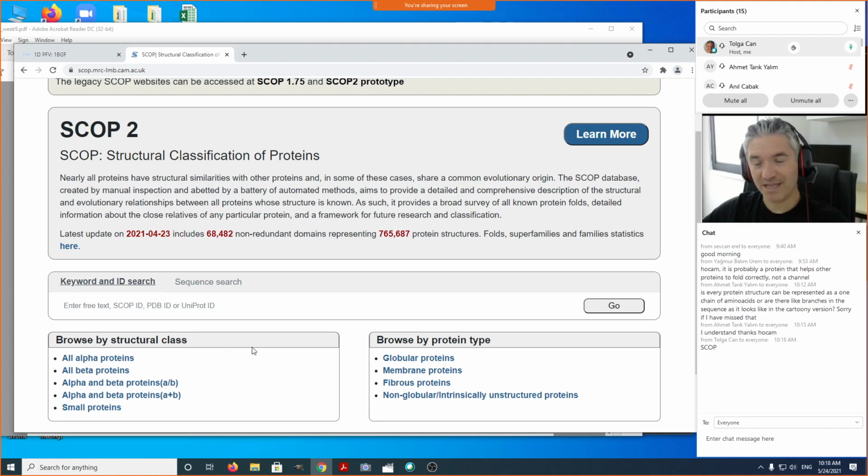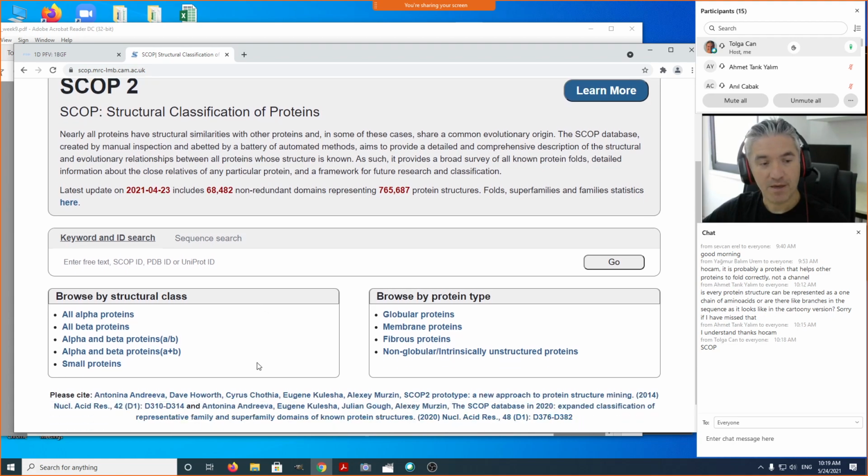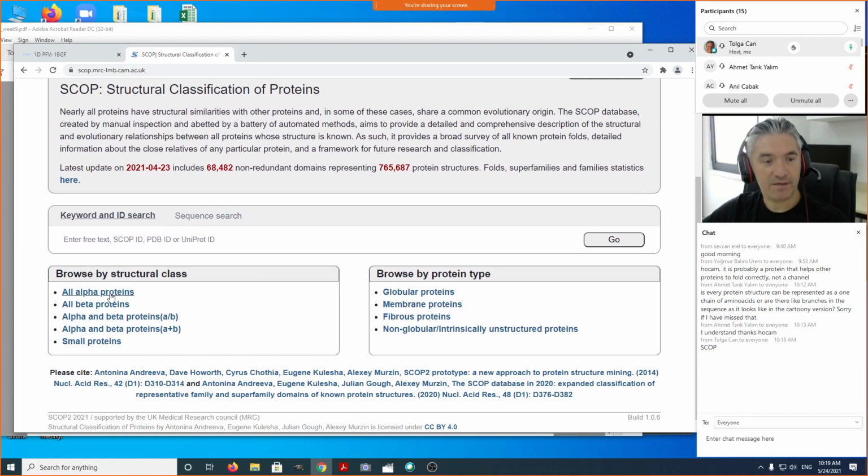This is also a hierarchical classification. At the top level, as you can see, there are all alpha proteins and all beta proteins. What do you think this alpha stands for? Alpha helix. So all alpha proteins means they are all helix, proteins that contain all helices. All beta proteins are proteins composed of all beta strands.